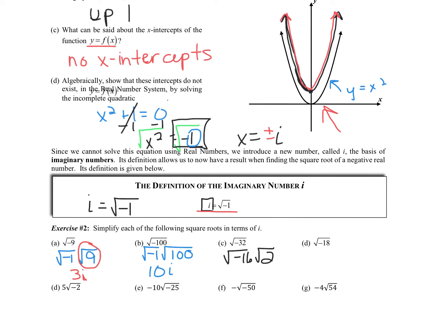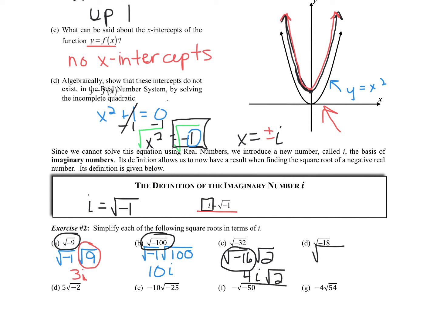So biggest perfect square is 16. We just make that 16 negative. Now, we could break this up more, but based on our last two problems, this is equal to 4i. So you can go right to this and know it's 10i. You can look at this and know that it's 3i. Here, that radical 2 still needs to stay.